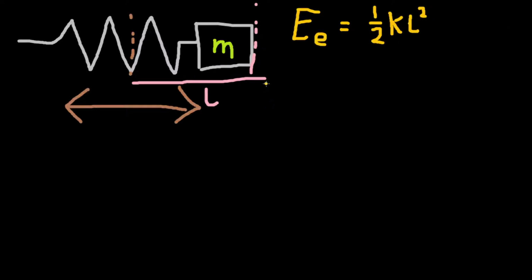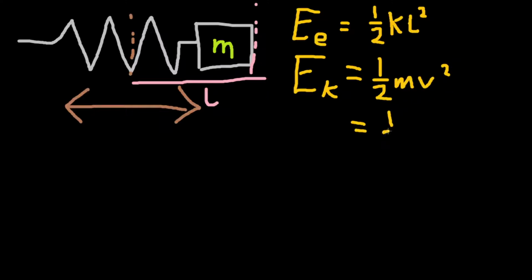Simple enough. And obviously the kinetic energy of any object is very simply 1/2 mv squared, where v is velocity, but we can call v L dot, why not? 1/2 m L dot.